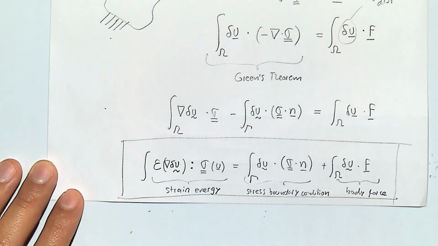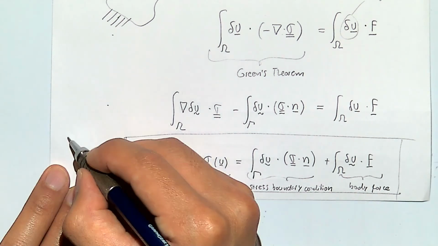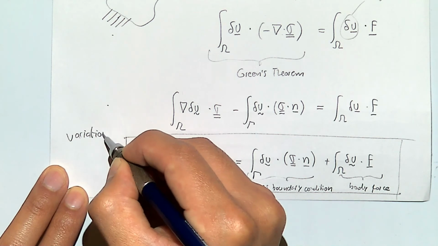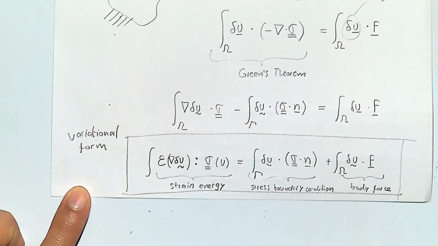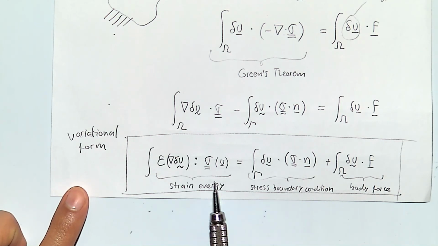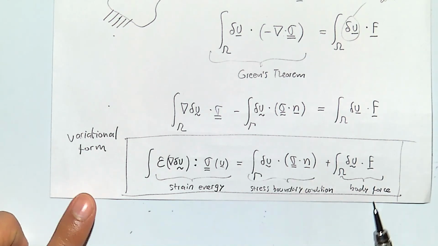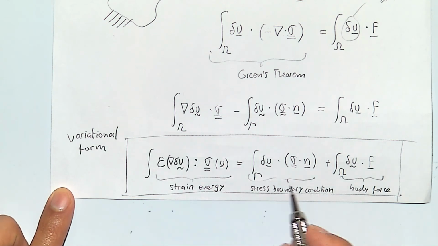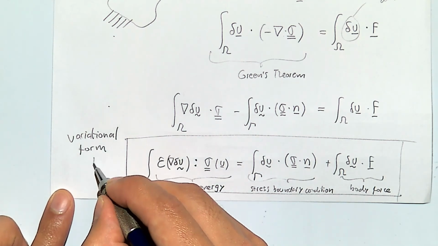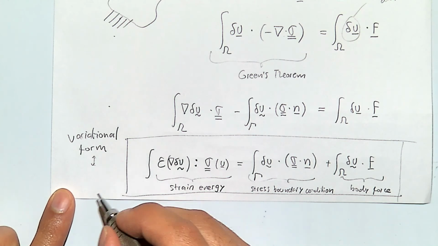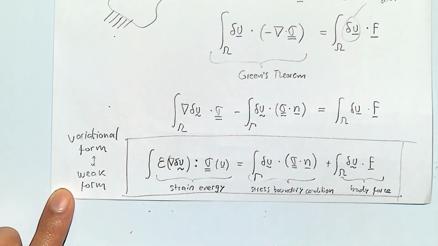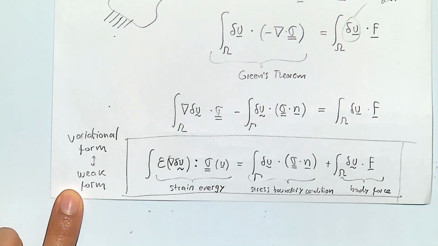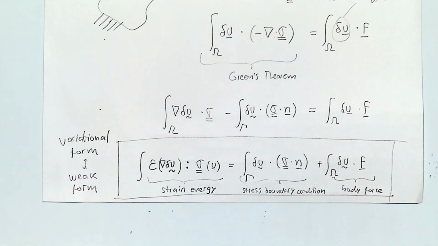This equation as written here is what is called the variational form of the Navier equation in this case, and also known as the weak form. And this is the equation that we need to put in the finite element method in order to solve it.